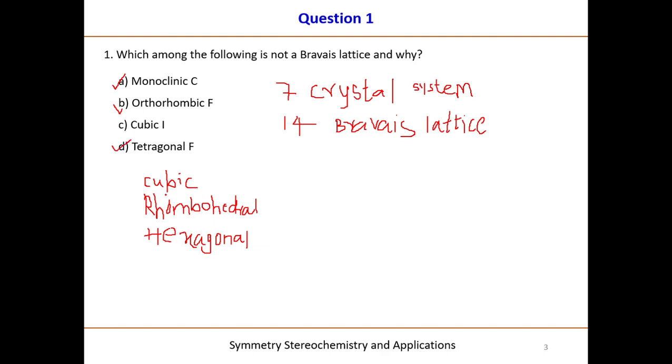Cubic I have already written. So 3, 3, 6 and 1 is remaining here. What's remaining? That is triclinic. Triclinic. Correct? So these are 7 crystal systems. There are 7 crystal systems.